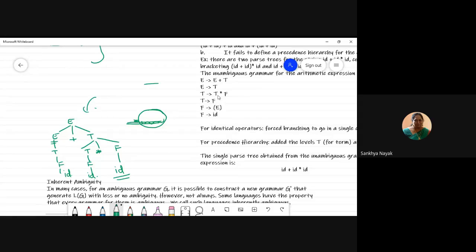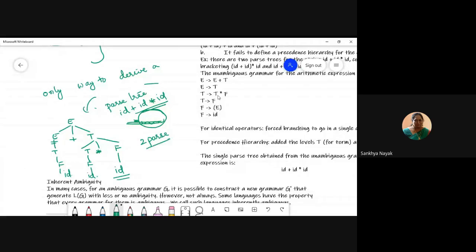This is the only way to derive a parse tree for this expression. Whereas in our earlier grammar, we derived two parse trees. So that kind of proves that this is unambiguous, correct?